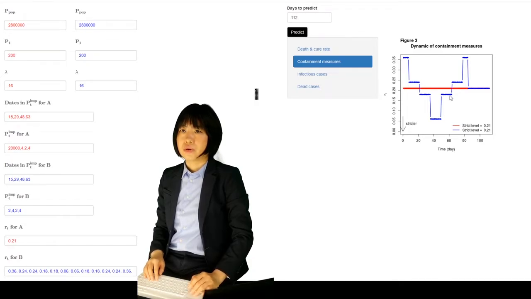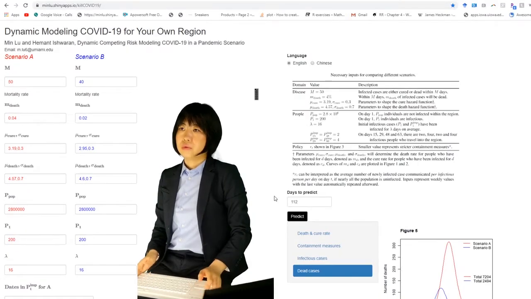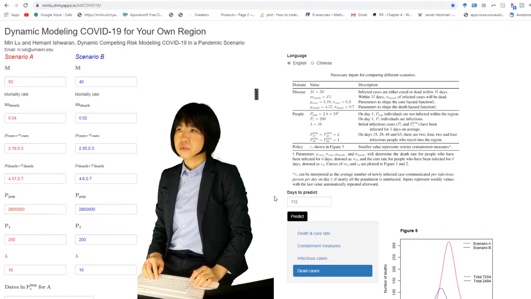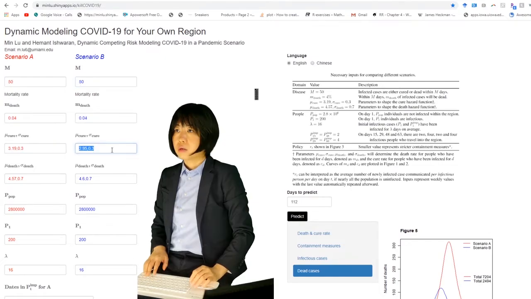where you can see that in scenario A, we have a constant level of containment measures, where in scenario B, the RT value changes adaptively. When manipulating these inputs, I suggest you change those parameters one at a time.